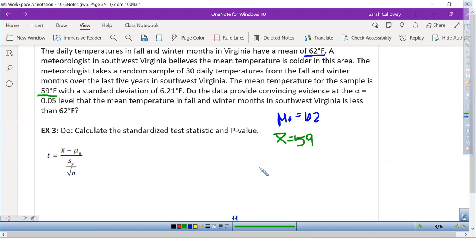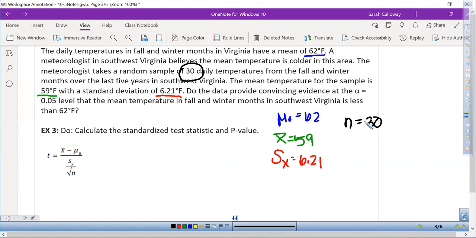So X bar is 59, and then the standard deviation of our sample is S sub X. So the standard deviation of our sample is 6.21. And then we know from the previous one that our sample size is 30. So N here is 30.